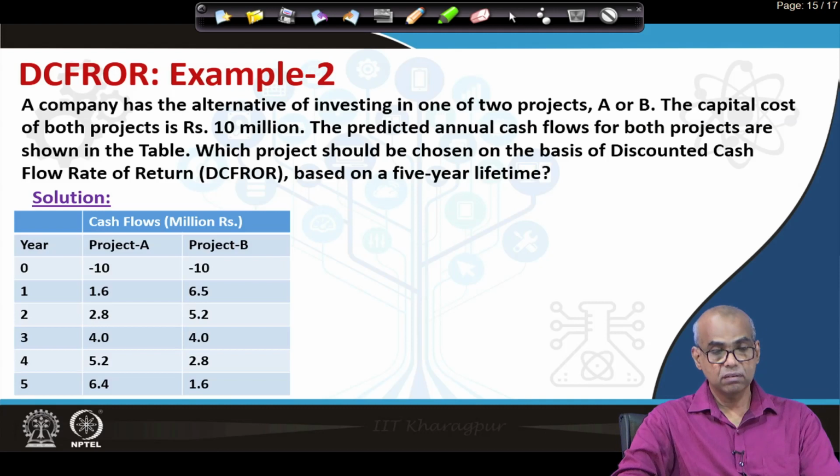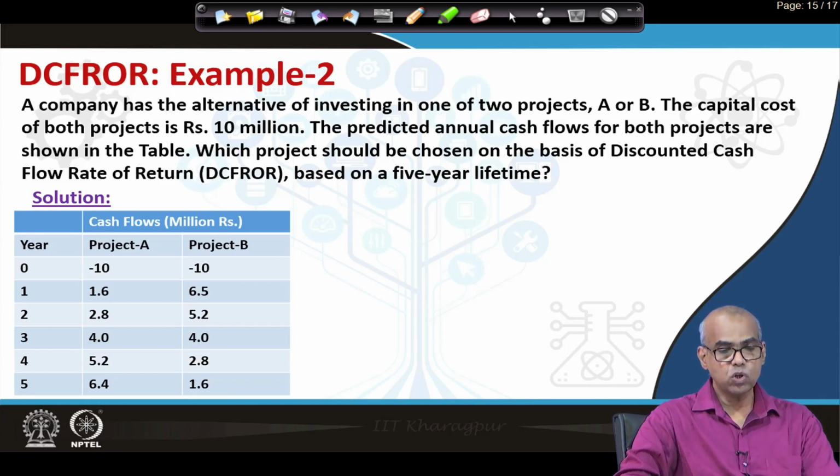So, now let us take an example on this method. A company has the alternative of investing in one of two projects A or B. The capital cost of both projects is rupees 10 million. The predicted annual cash flows for both projects are shown in the table.